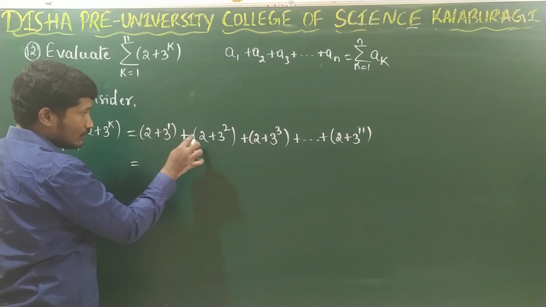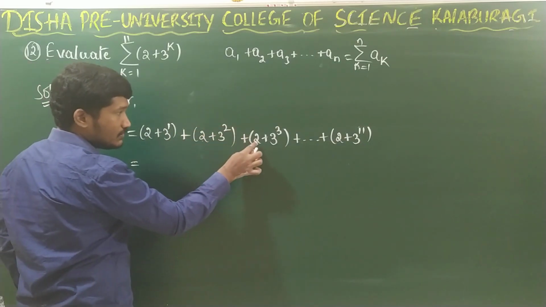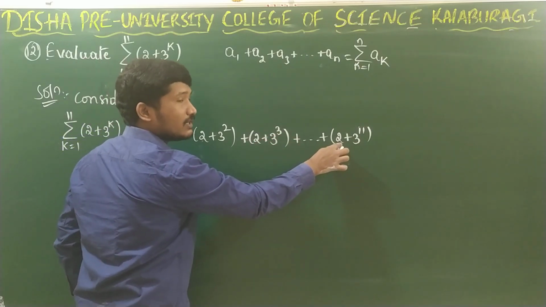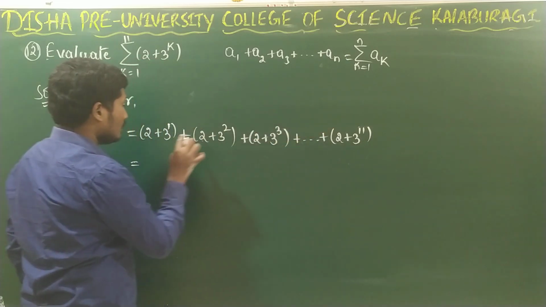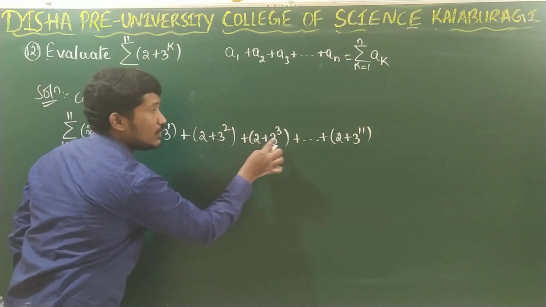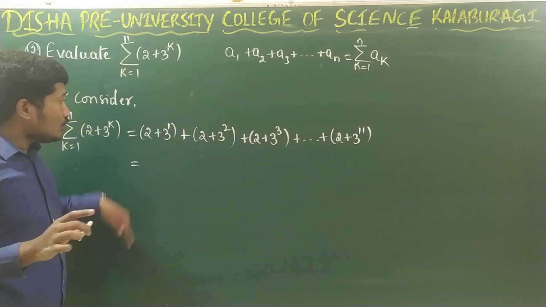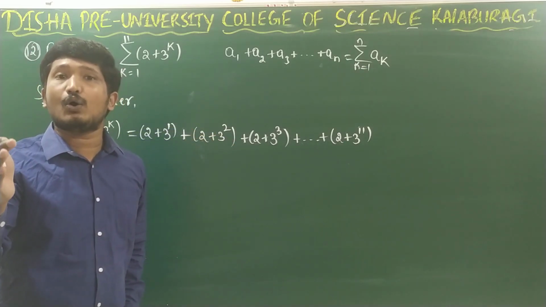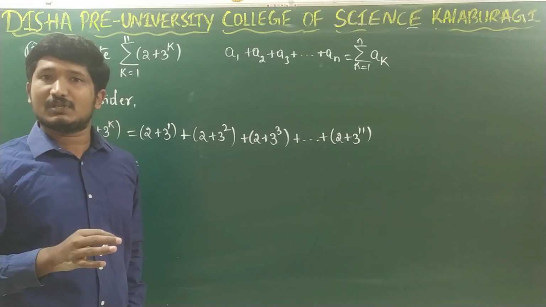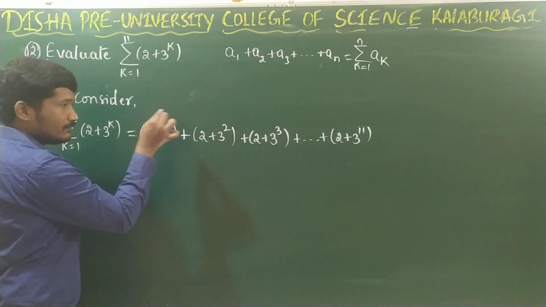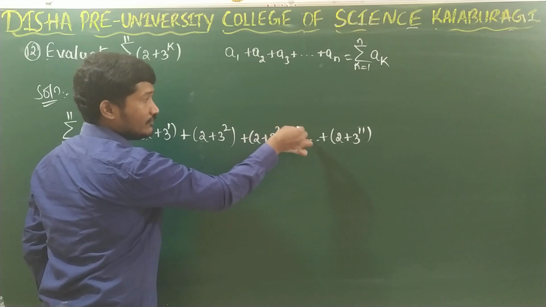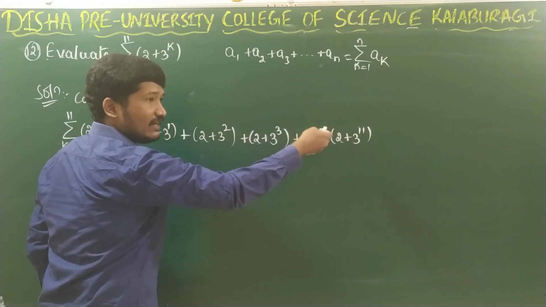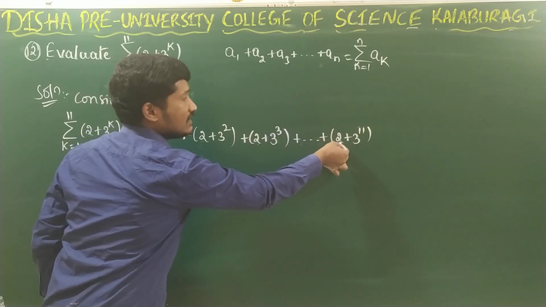1, 2, 3, 4, so on to 11 terms. So here 2 is added to every term. How many times are we adding 2? 11 times. 1, 2, 3, 4, 5, 6, 7, 8, 9, 10 and the last is 11.